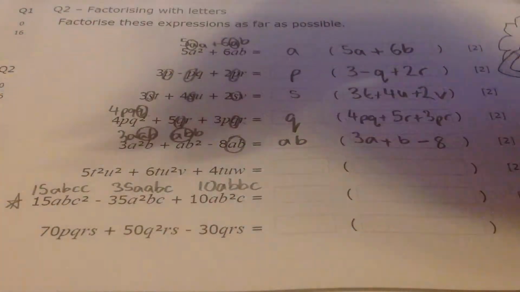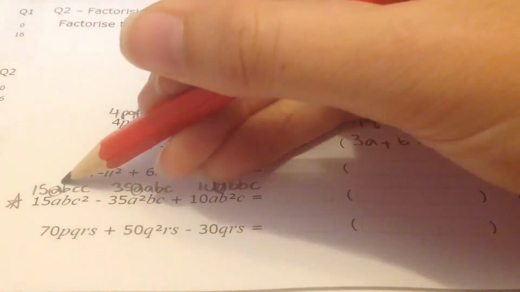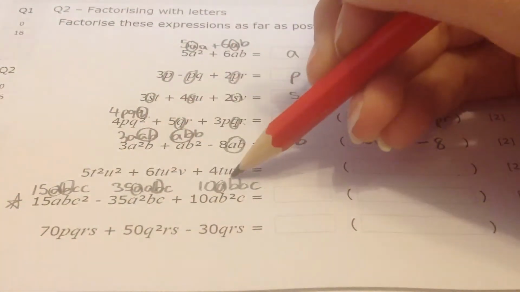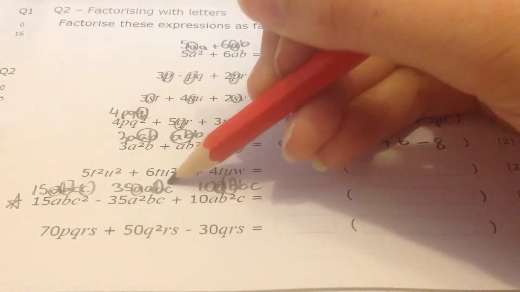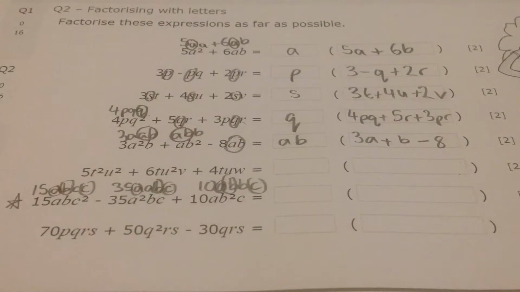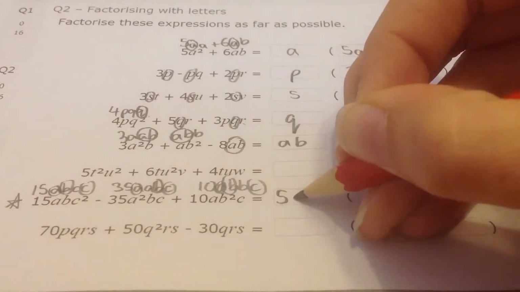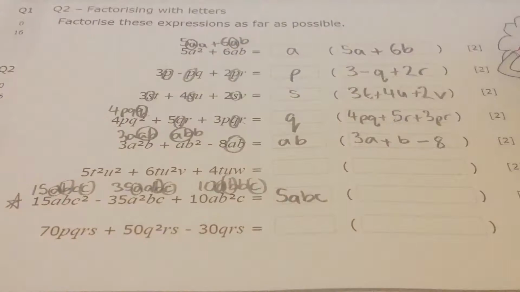They've all got an A, a B, and a C. But 15, 35 and 10 are also in the 5 times table. So they share a factor of 5 and 3 letters. All of that goes in the front box, 5ABC.